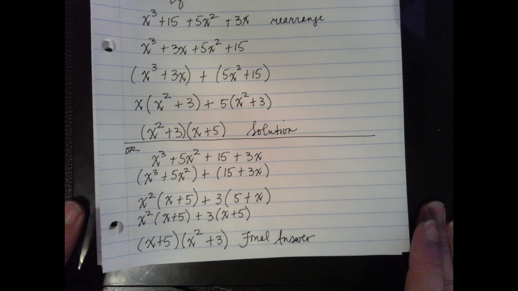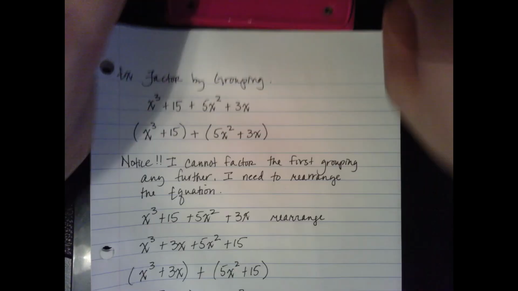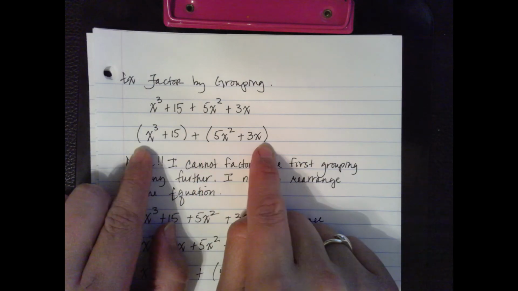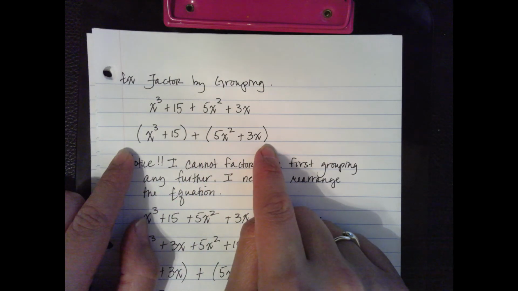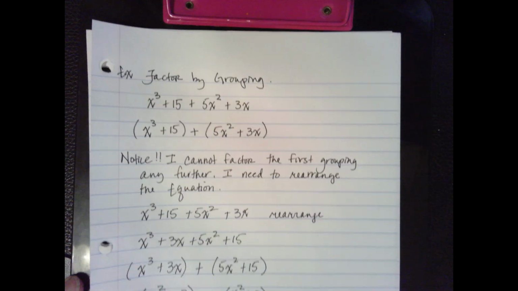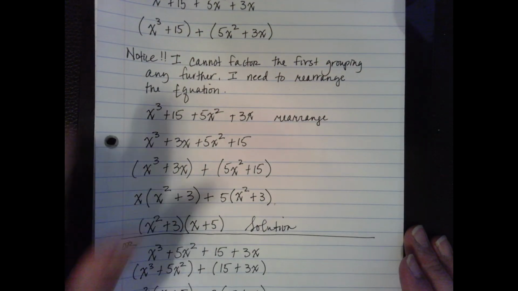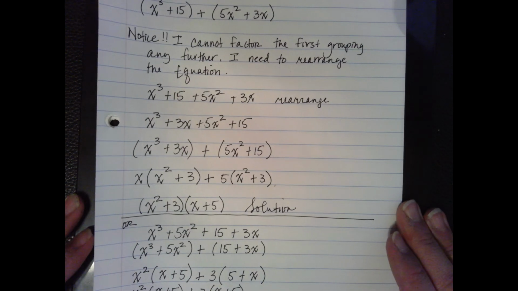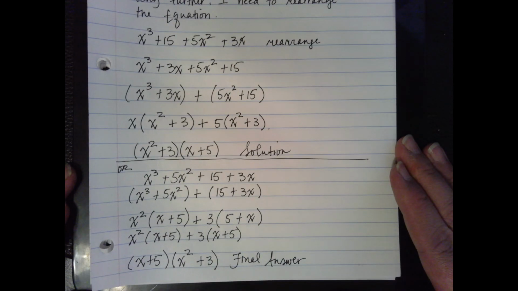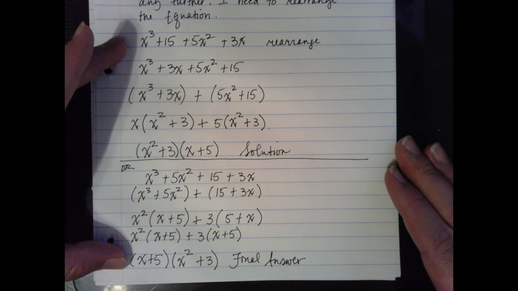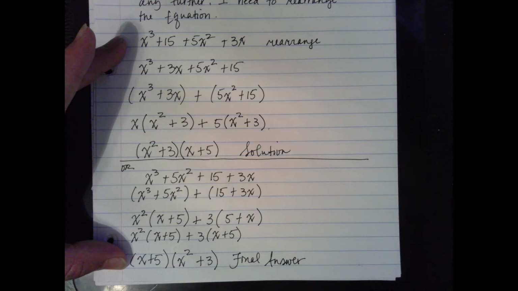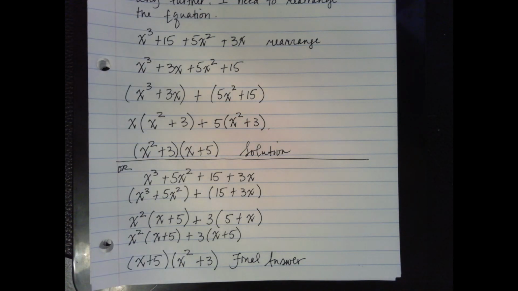So once we set up our sets of parentheses, all we're looking for is, is there a GCF in each of my sets? If not, you may have to do some rearranging. Just flip two of the numbers, regroup them, see if that works. If not, you can always rearrange it again.